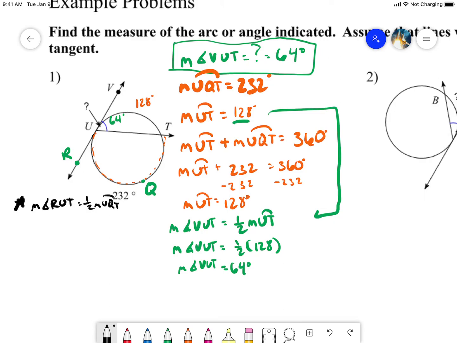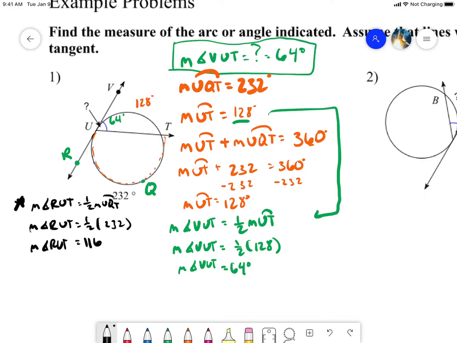Which means the measure of angle RUT is 1/2 of 232, which is equal to, what's half of 232? 116?